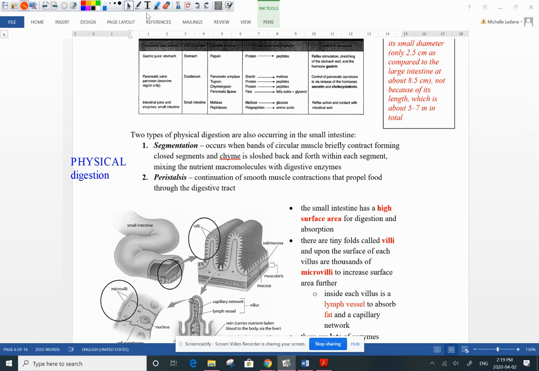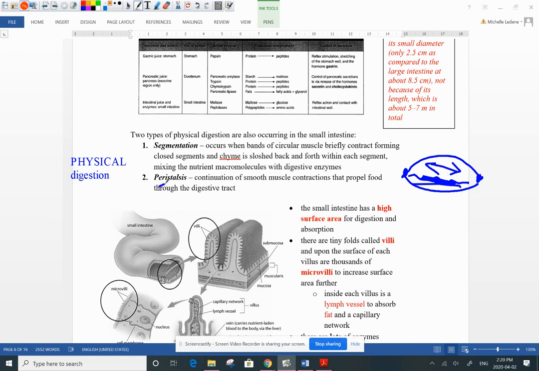So segmentation essentially is the muscle contracts and it forms almost just like a little package like this, and then the food that's inside it gets sloshed back and forth, and that physical mixing is going to be able to break down. And again, we're just preparing the macromolecules to be digested by enzymes.